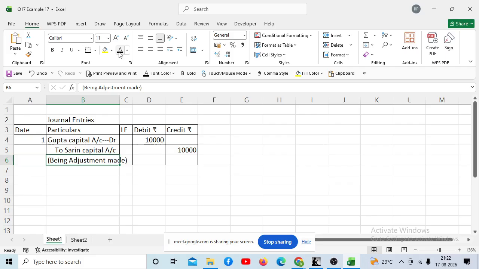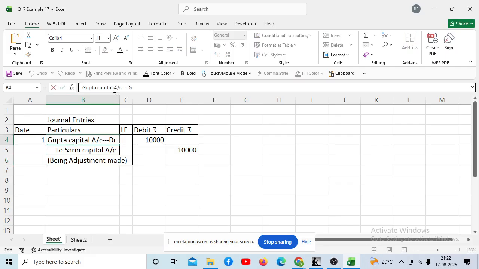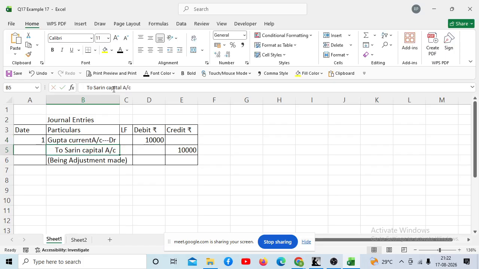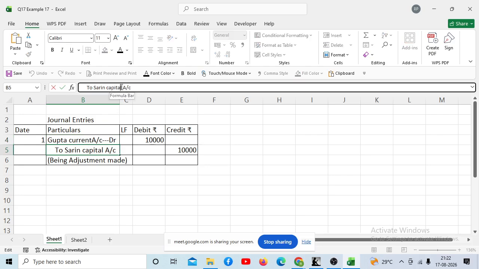Sir, it should be current account, right? Yeah, it should be current account. Sorry, I had by mistake written capital. I will correct it, 1 minute. Gupta's current account debit to Sarin's current account.